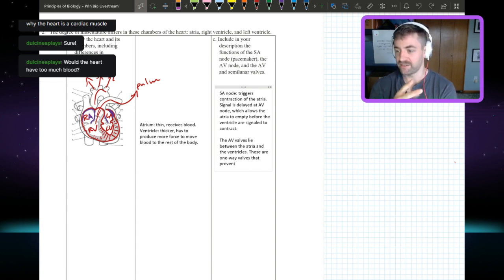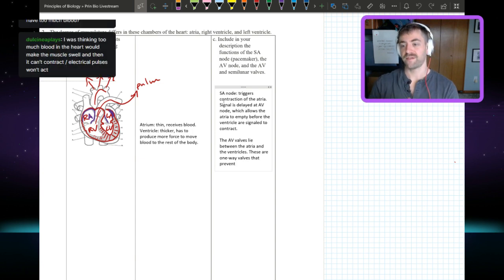So the delay in signals is just allowing the atrium to fully empty into the ventricle, so that when the next contraction comes in the AV circuit, it's able to go to the next place. Too much blood in the heart would make the muscle swell, and then it can't contract. Electrical pulses won't act.